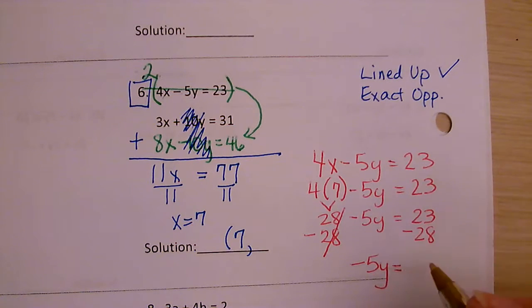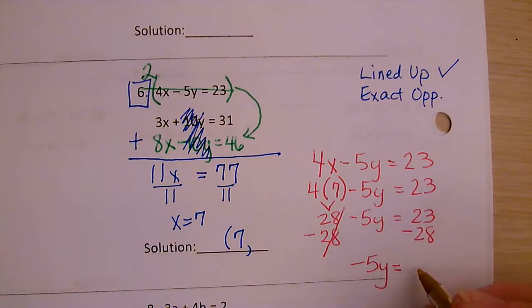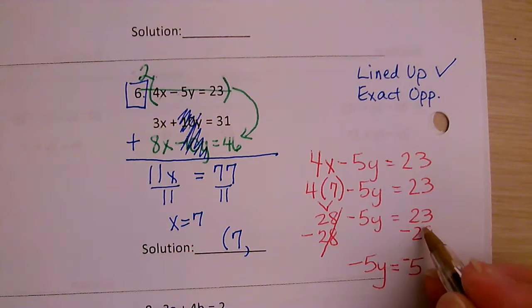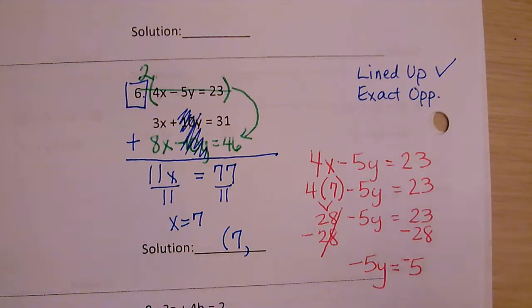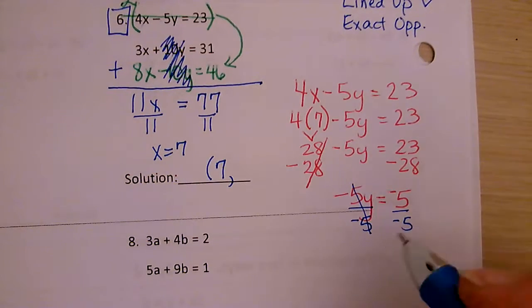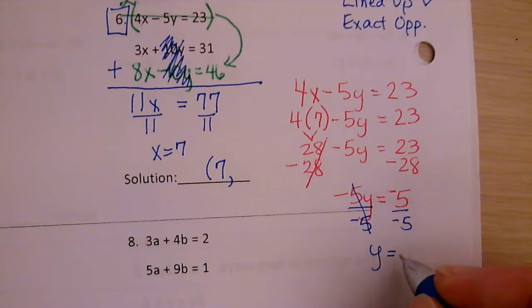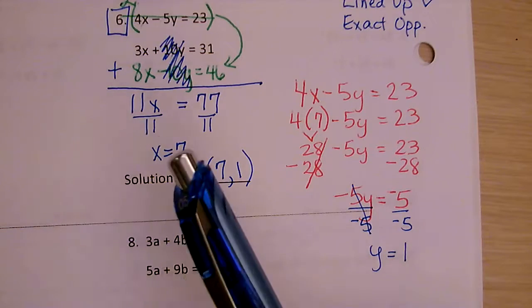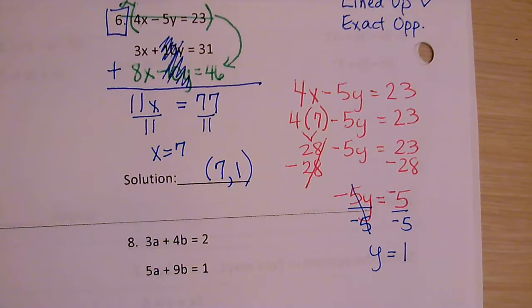So positive and negative, I'm going to subtract. So I get 5. And there's more negatives. The negatives are bigger, so it becomes a negative 5. Now I'm going to divide by negative 5 on both sides. That cancels out. And my y is equal to positive 1. And that's that one there.